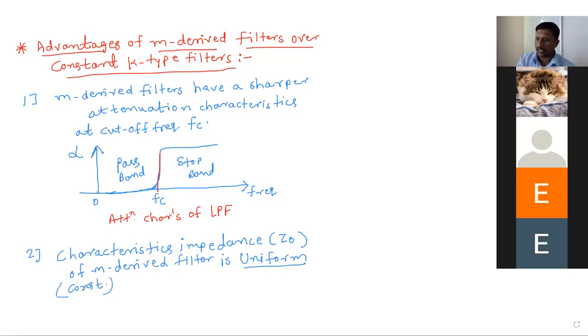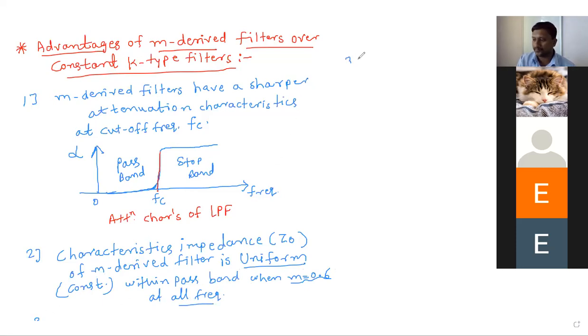Okay, especially within the pass band, if we keep M equal to 0.6, then we are getting uniform characteristic impedance at all frequencies in the pass band.